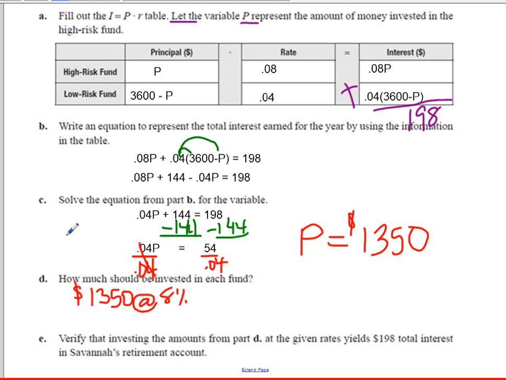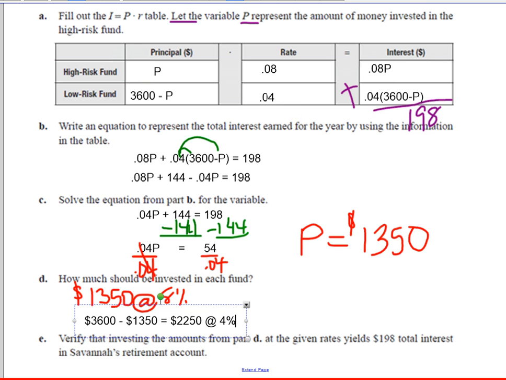We had the 3,600. Let me type that. It goes quicker. 3,600 minus the 1,350 gives us our low risk fund of 2,250. And that's at the 4% rate.